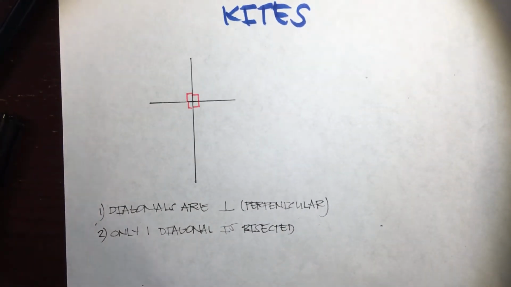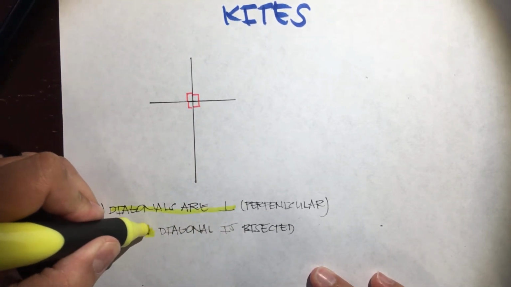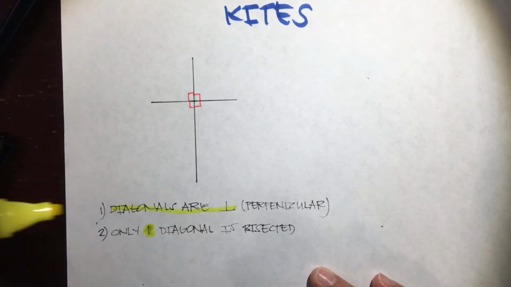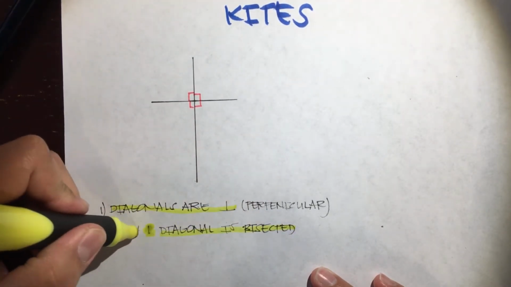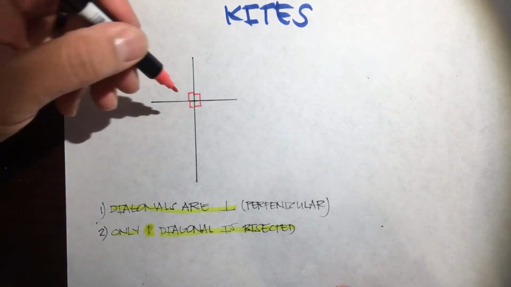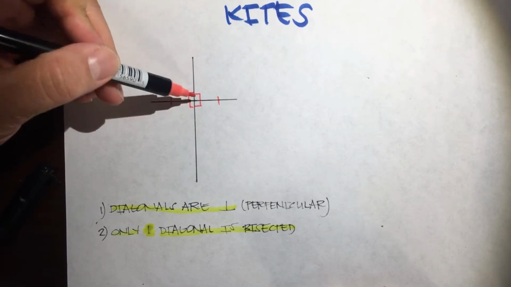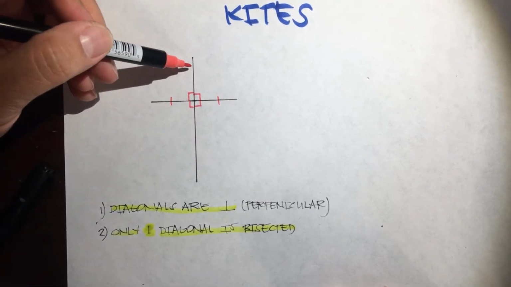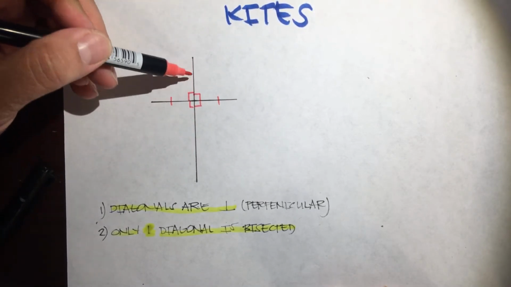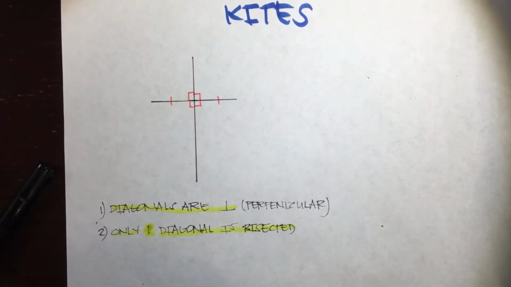And get your highlighters. Highlight that, and just put some extra ink right there on the one, and then do the rest. Okay, only one diagonal, so remember that. So let's put our tick marks. So this tick mark right here and this tick mark right here. We're not putting any tick marks here and here because obviously this side right here is way shorter than this line right here. So only one diagonal is bisected.